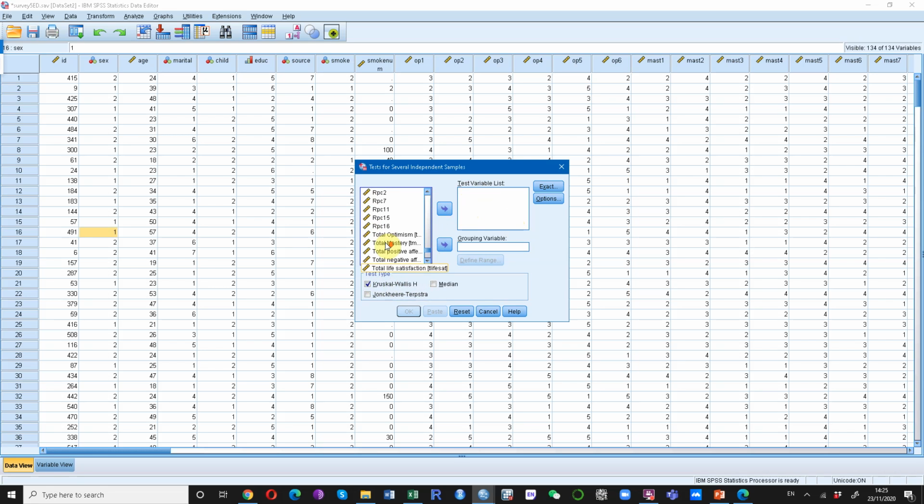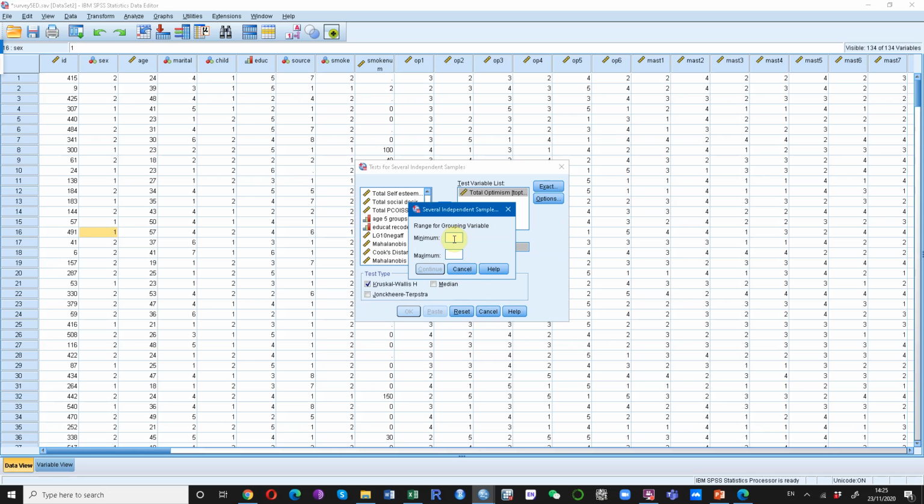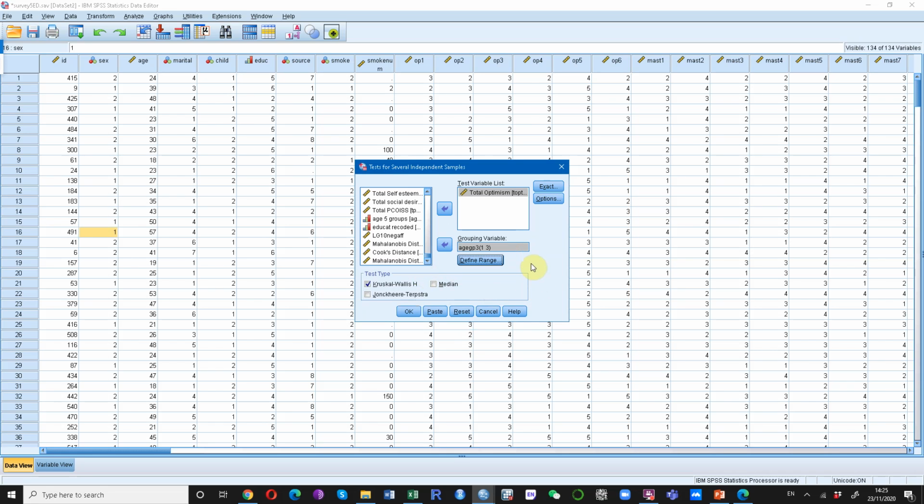So in this case, it's the total optimism score. And we're looking at age group 3. Define, I don't mind to define it. We have 3 groups, so the minimum is 1, the maximum is 3. Continue.